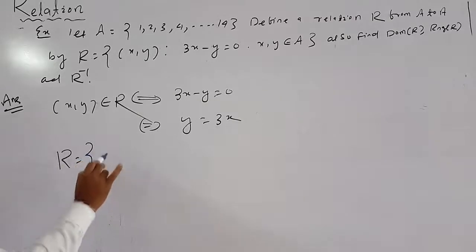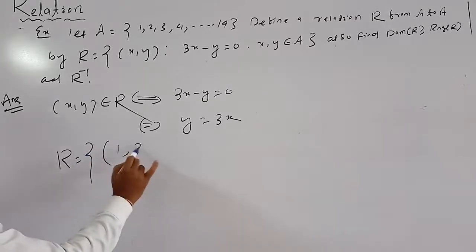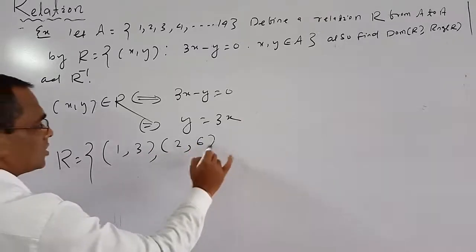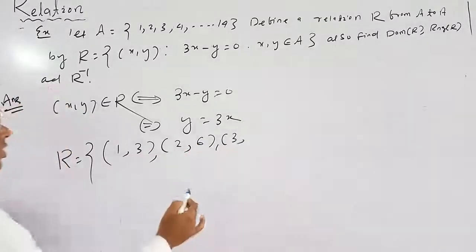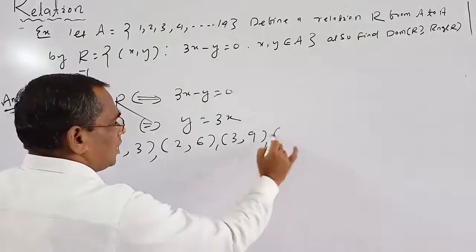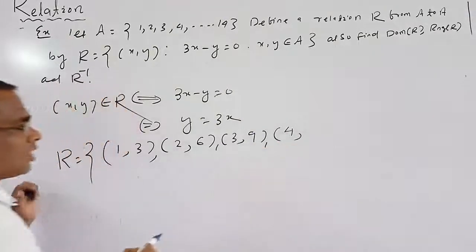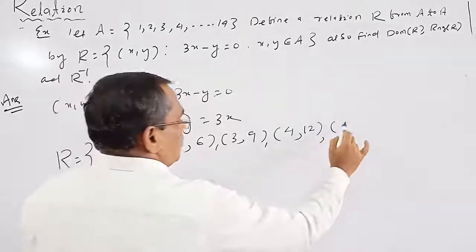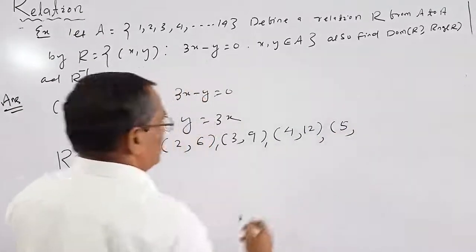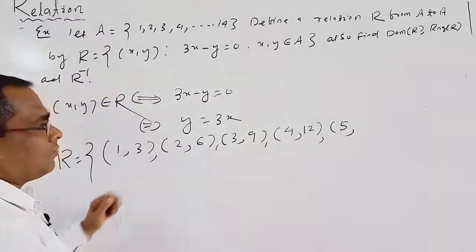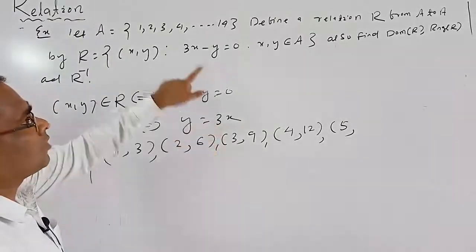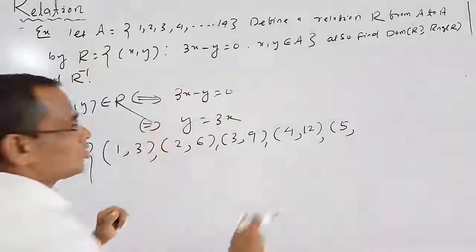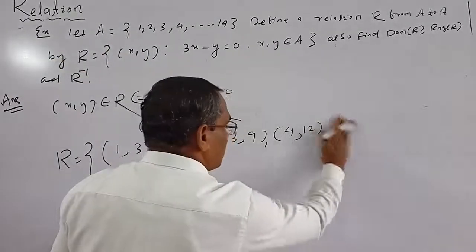So what is R? If we take x equal to 1 then y is equal to 3. If x is equal to 2 then y is equal to 6. If x is equal to 3, y is equal to 9. If x is equal to 4 then y is equal to 12. If x is equal to 5 then y is equal to 15, but 15 does not belong to set A. (x, y) must belong to A cross A, so (5, 15) is never possible.